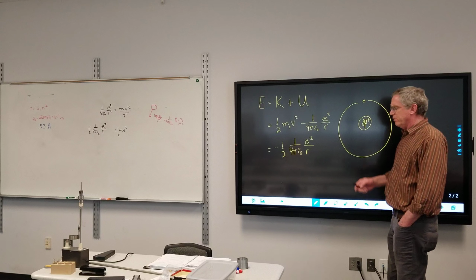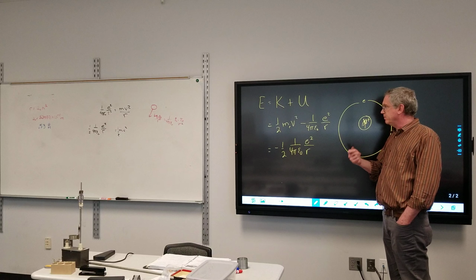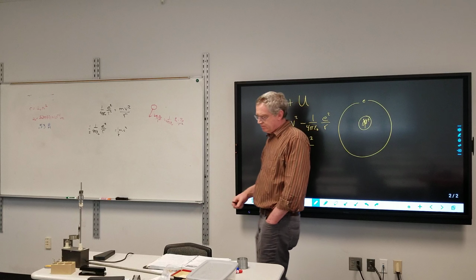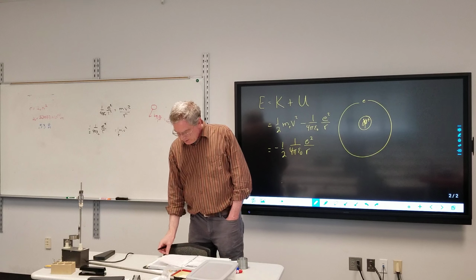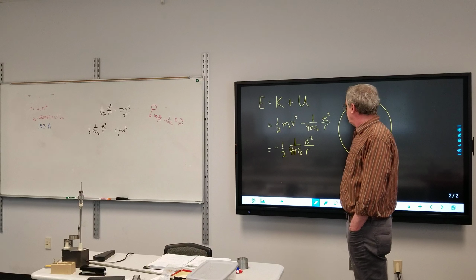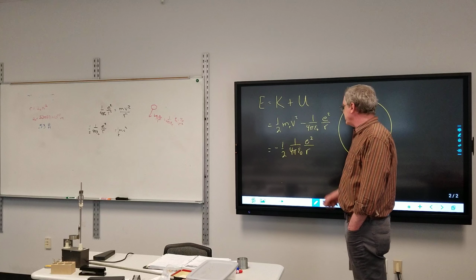And typically, when you have something orbiting, the total energy is negative. So that's my total energy right there.